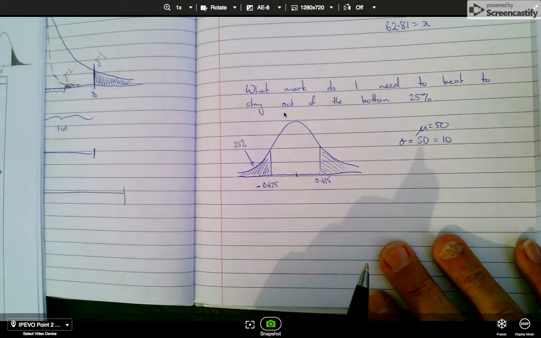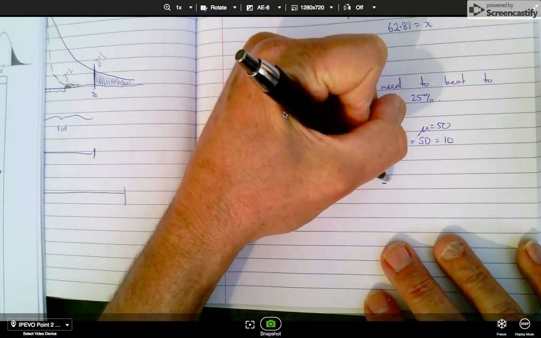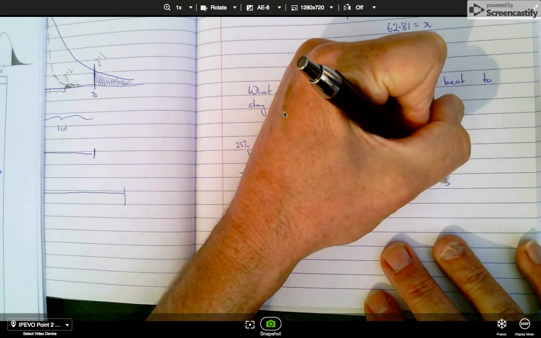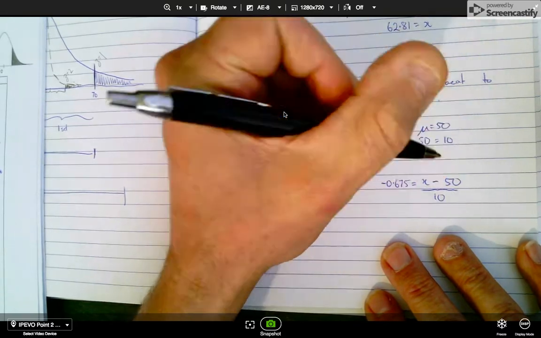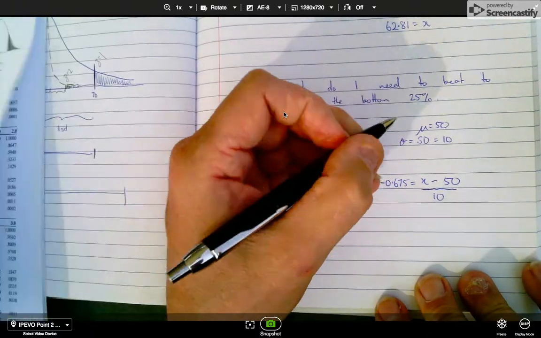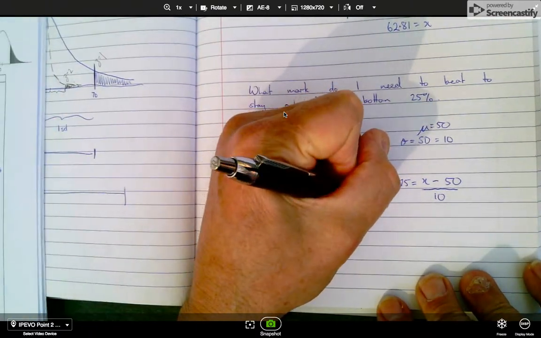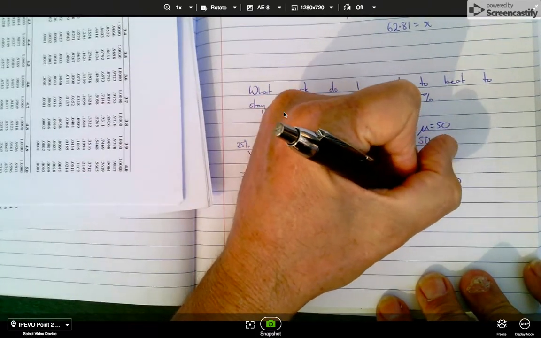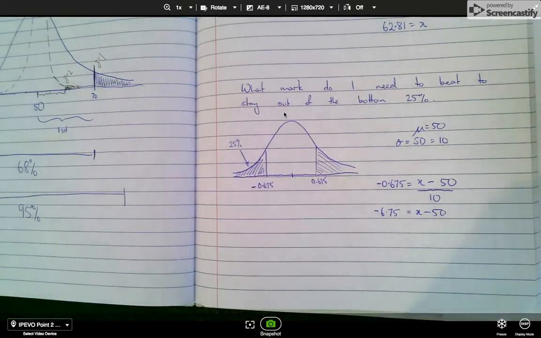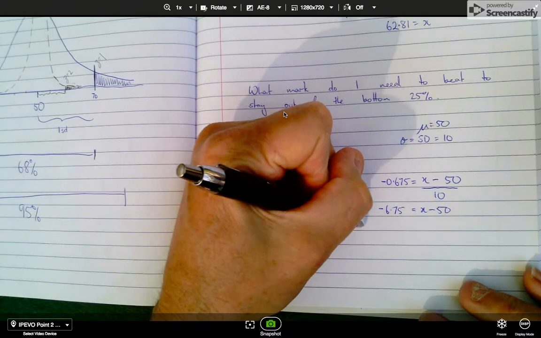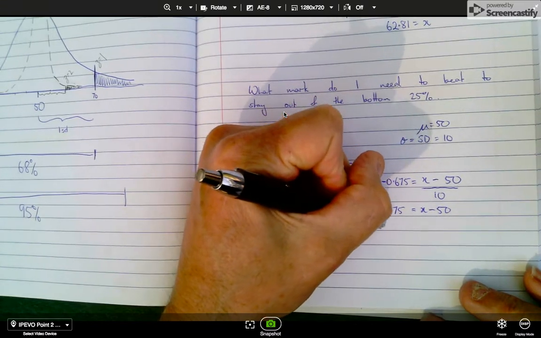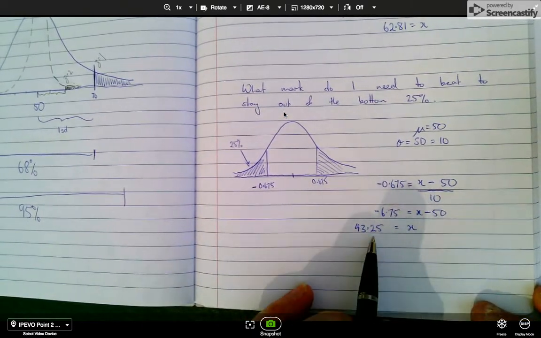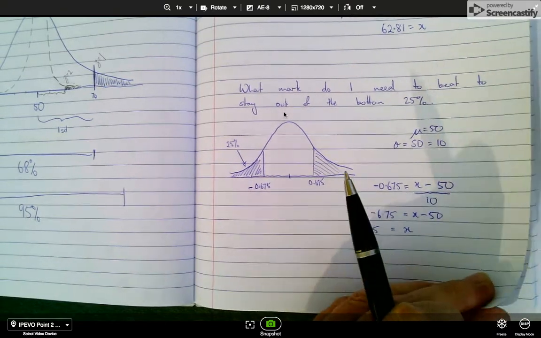We know our Z score is minus 0.675, so minus 0.675 equals my score minus the mean, which was 50, divided by the standard deviation. And again, I can multiply, so minus 6.75 equals x minus 50. And then I can bring the 50 over and add it to give 43.25 as our x. So to stay out of the bottom 25%, I need to score at least 43.25.